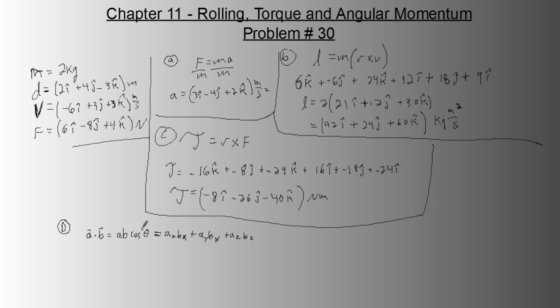Alright? So we're going to use this. We know everything except theta. This is number 30, and we are doing the angle between velocity and force. So A is actually V dot F. So first off, what is the magnitude of V? Well, you can do Pythagorean theorem. V is the square root of negative 6 squared plus 3 squared plus 3 squared, and that equals 7.35 meters per second.